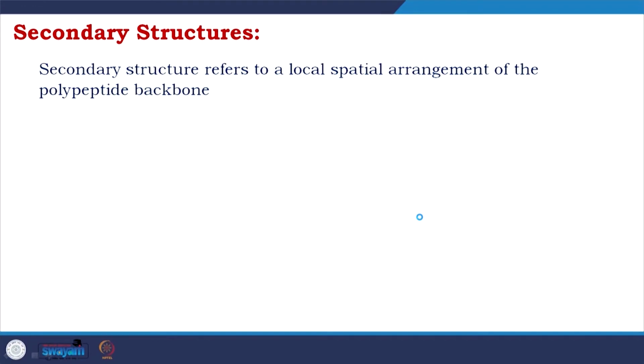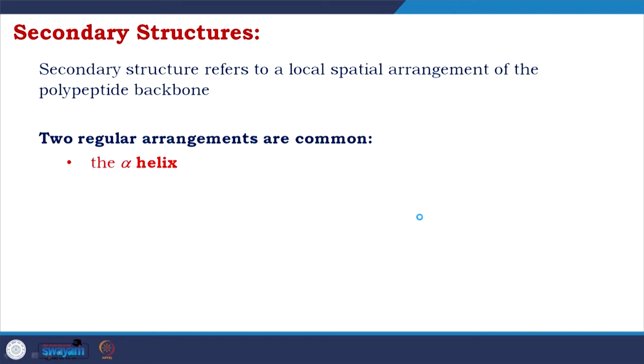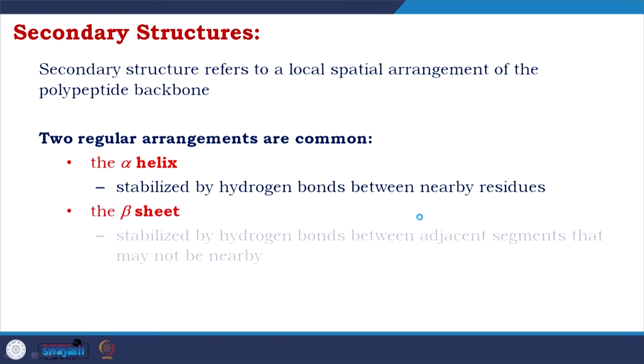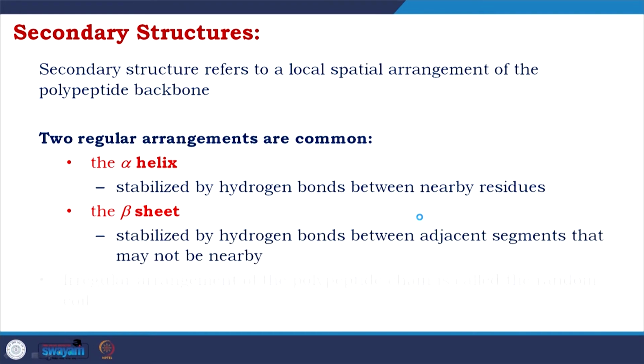The secondary structure refers to local spatial arrangement of the polypeptide backbone. There are two regular arrangements that are common. One is alpha helix, which is stabilized by hydrogen bonds between nearby residues. The beta sheets, stabilized by hydrogen bonds between adjacent segments that may not be nearby.